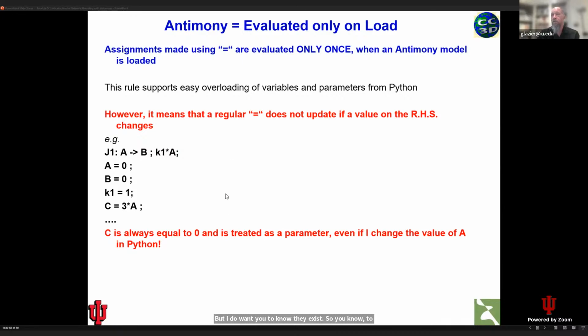The first thing about Antimony is that equal signs are evaluated only when the model is loaded, only once. So if I write A equals 0, and then I write C equals 3 times A, C will be equal to 0. If I change the value of A later, the value of C will not change.